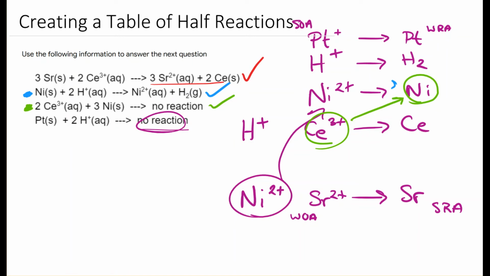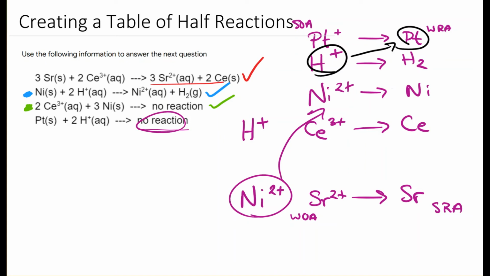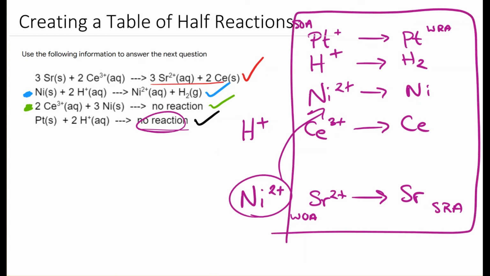And then the last one, I'll do in black. The very last one is platinum atoms and hydrogen ions, and that is also non-spontaneous, so that works. Everything that we're looking at here, the table matches with everything that's given in the data.